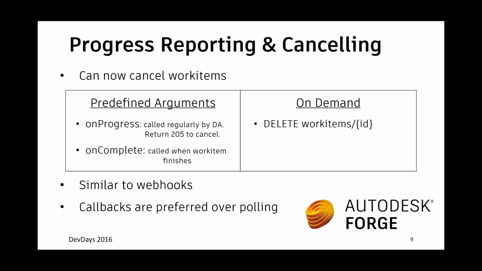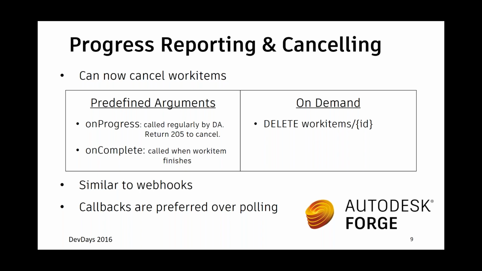And if you return a 205, then we will cancel that request. And this is much better than polling because it uses callbacks, and you don't need to be constantly using a thread to check, has my work item finished? Has my work item finished? So this is hopefully a more intelligent way to manage the operations of your work items.